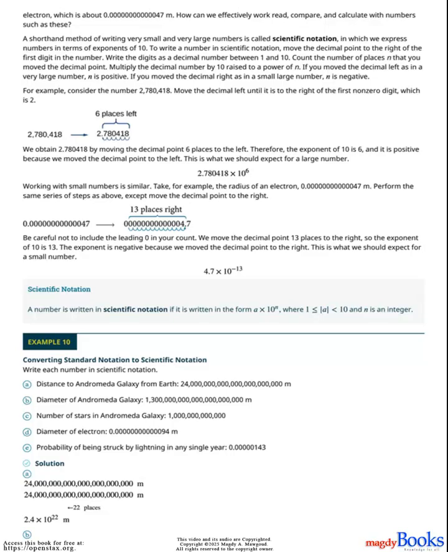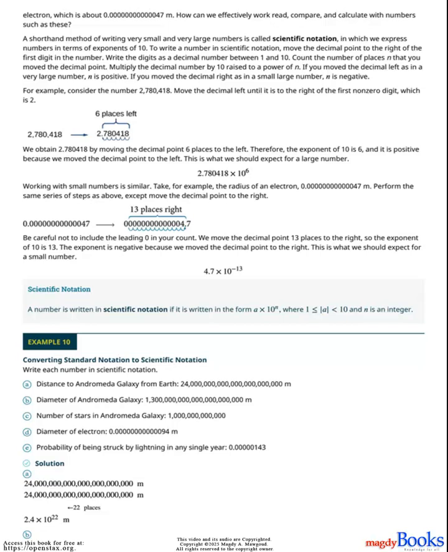D. Diameter of electron, 0.000000000000094 meter. E. Probability of being struck by lightning in any single year, 0.000000143.